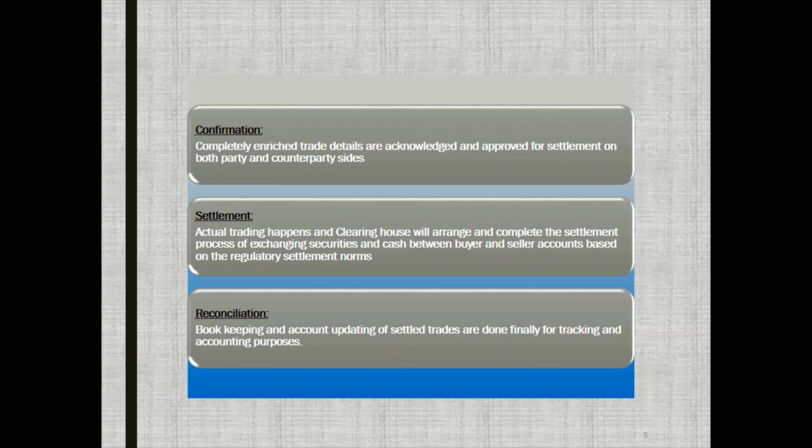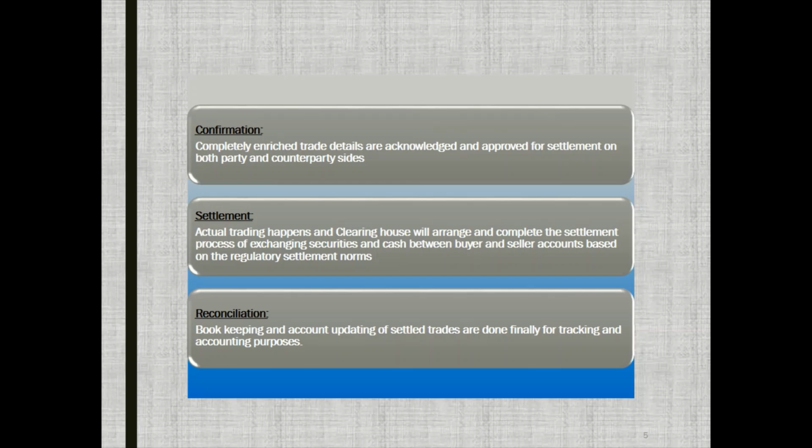Reconciliation is a stage where they do all the bookkeeping and account updating of the settled trades, finally for tracking and accounting purposes. They keep all the updates of all the settled trades on their systems, for their reference, and in case the party or counterparty has any disputes later, they can use it.